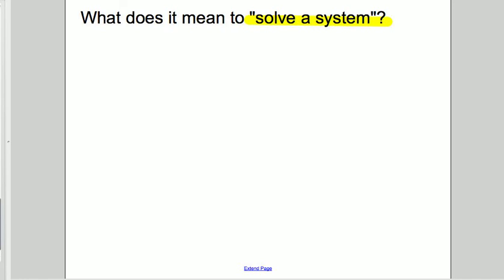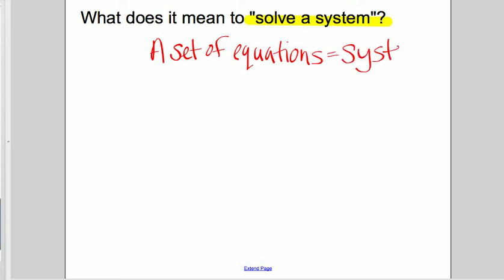Solving a system means that you have, first of all, a set of equations. That's what a system is. Okay, so we have a system, which is a set of equations.